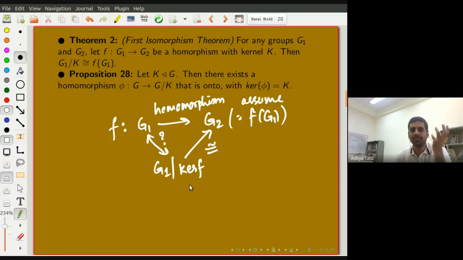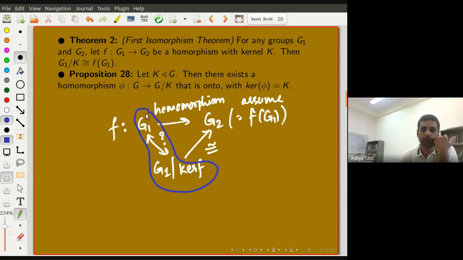Since the idea was to convert this homomorphism F into an isomorphism, we used its kernel. Proposition 28 is just looking at the relationship between G1 and a quotient group. Remember, you can obtain a quotient group only if the subgroup that you are considering is a normal subgroup.